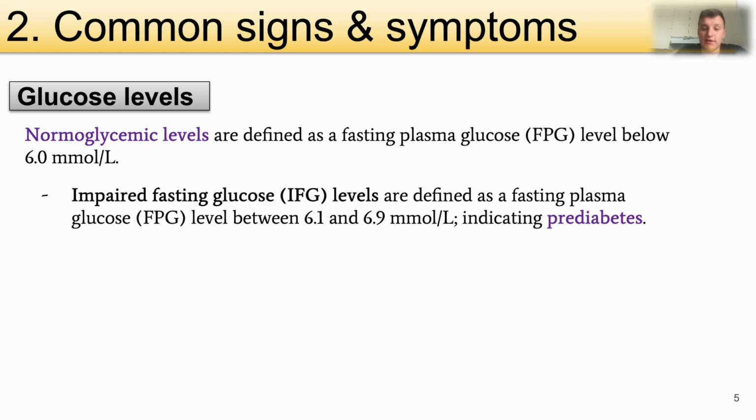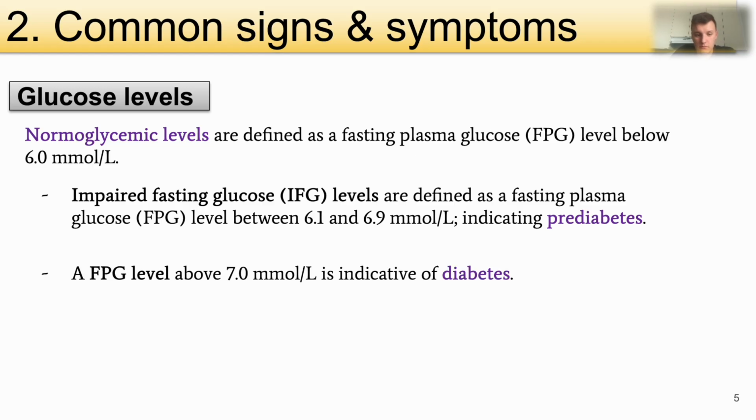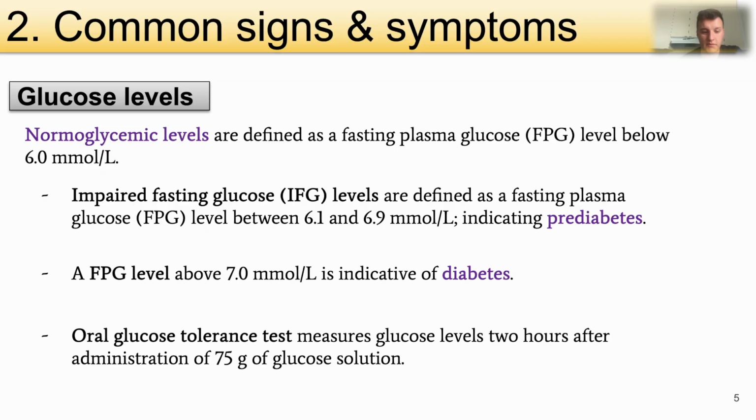Impaired fasting glucose, IFG, levels are defined as fasting plasma glucose levels between 6.1 and 6.9 millimolar per liter, and this indicates a pre-diabetic state, okay? Now, an FPG level that's above 7 millimolar per liter indicates diabetes for sure.